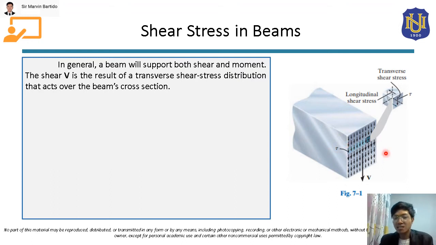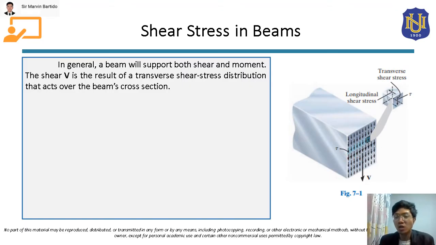This shear stress is called transverse shear stress, because this area is actually the transverse plane, or transverse area, of our beam. So the stress that acts here, class, is called transverse shear stress.